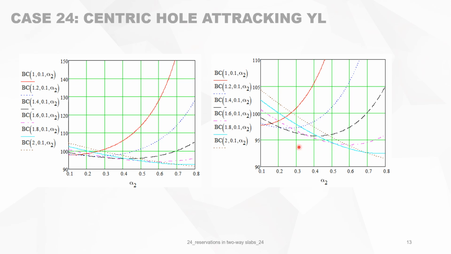So it's significant. You can use those graphs to check where you should make the reservation in the slab and where you should avoid it. So this is the red area where the bearing capacity is less than 100%. This gives you all the combinations of alpha, alpha 1, and alpha 2 that you must be careful about.